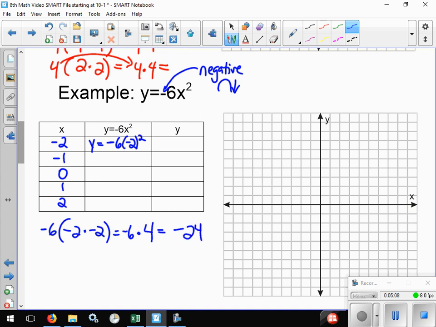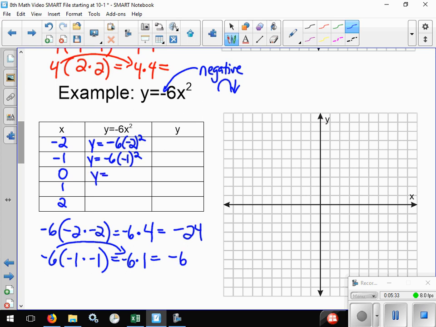That's going to be really off our grid. That's okay. So then y equals negative 6 times negative 1 squared. So it's going to be negative 1 times negative 1, which is 1. And we're going to bring negative 6 over. So negative 6 times 1 is negative 6.